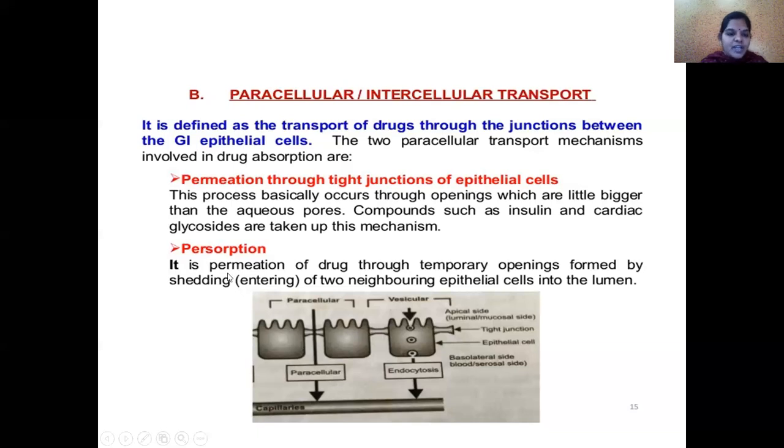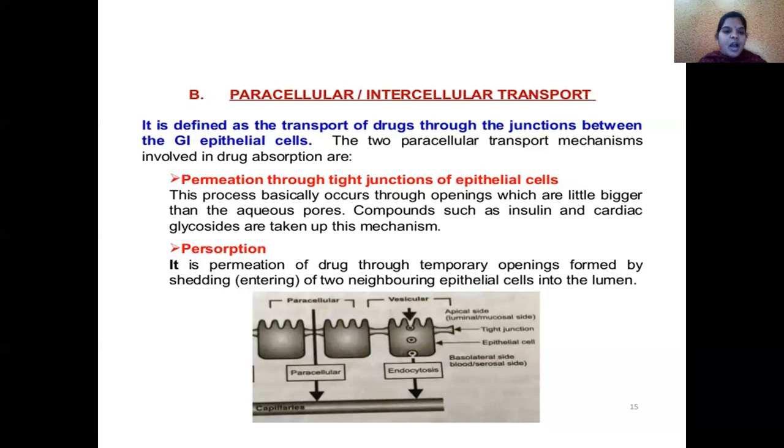Then the next one is persorption. It is the permeation of drugs through temporary openings, not permanent openings. Those are temporarily opened for some time, then they close.